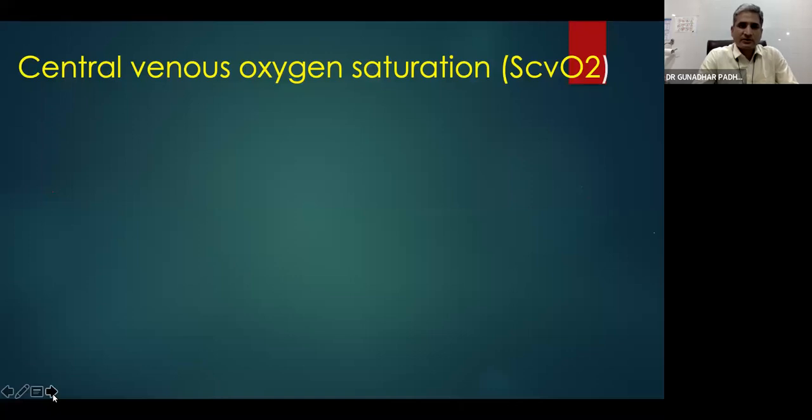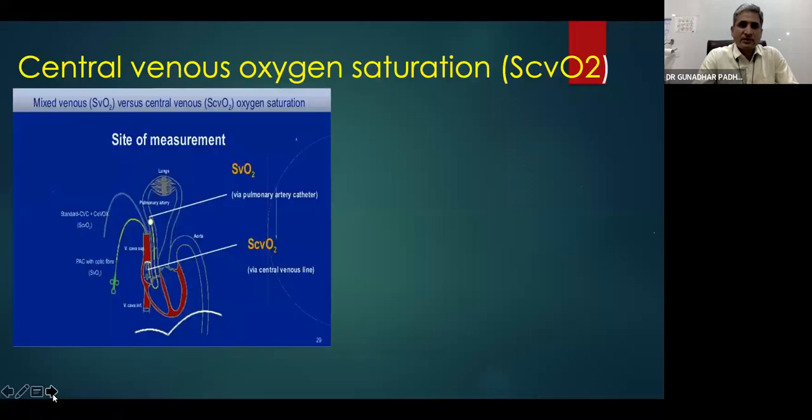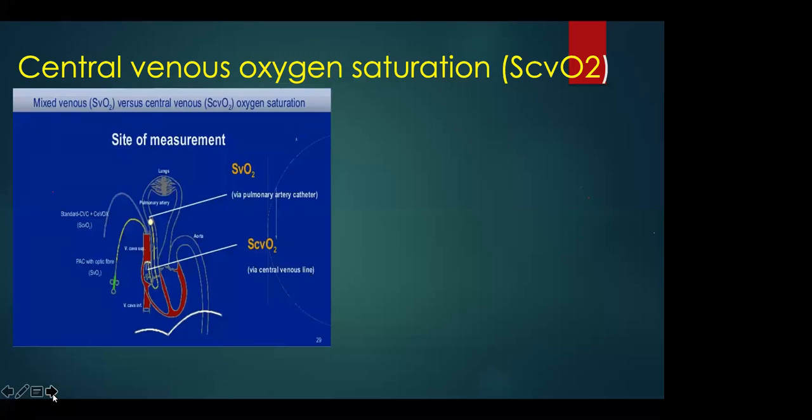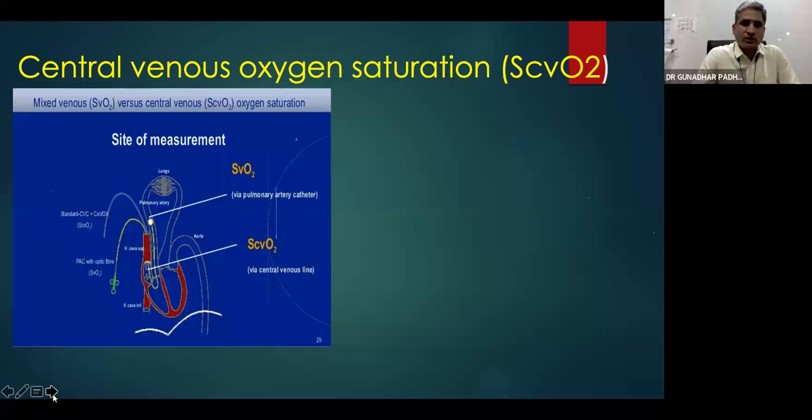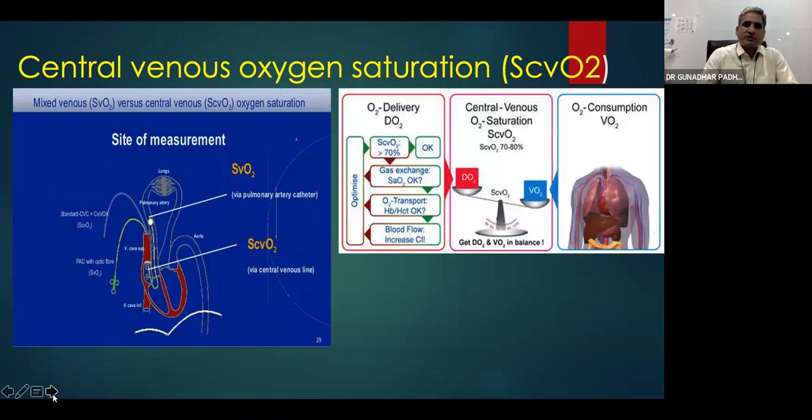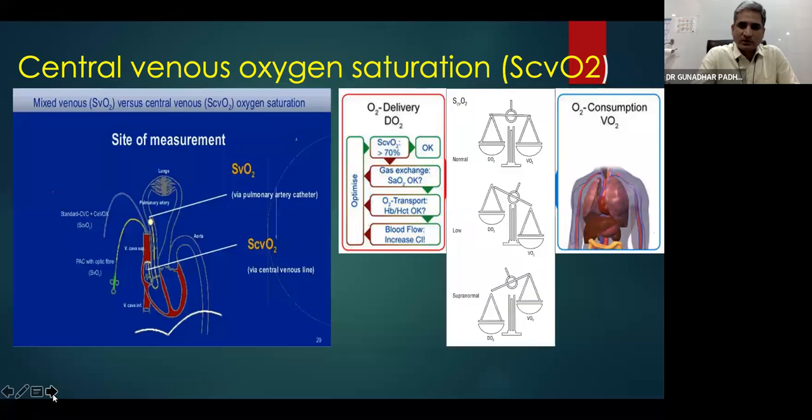Central venous oxygen saturation, which is measured from the superior vena cava or right atrium, the junction of the superior vena cava and right atrium, also signifies the global oxygen level. So there is a correlation between mixed venous oxygen saturation and central venous oxygen saturation and oxygen delivery and oxygen utilization.